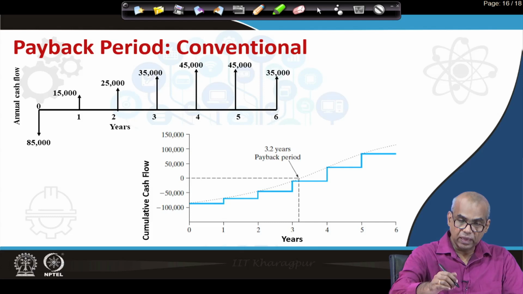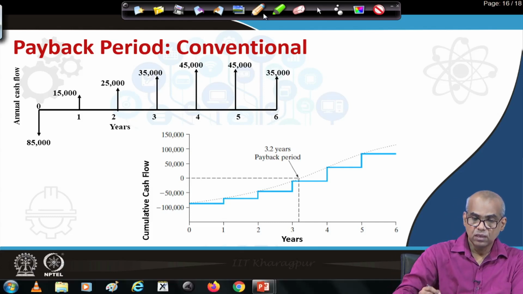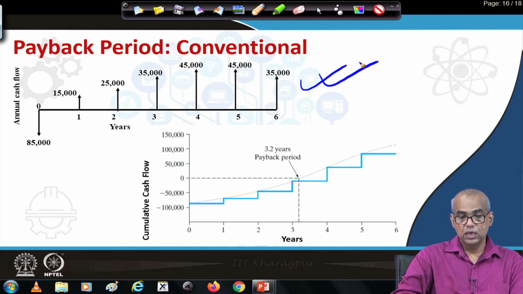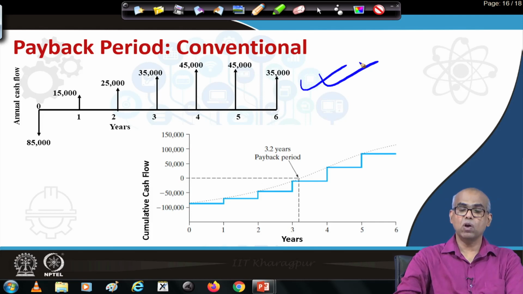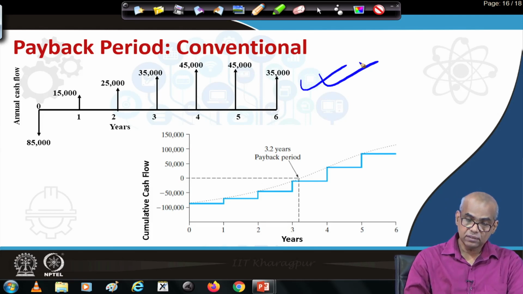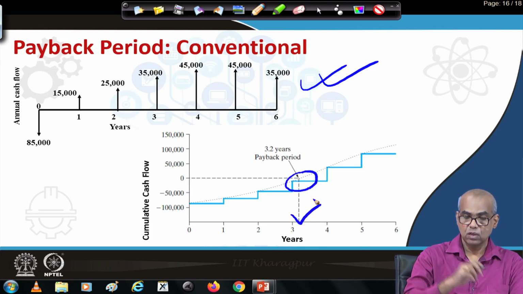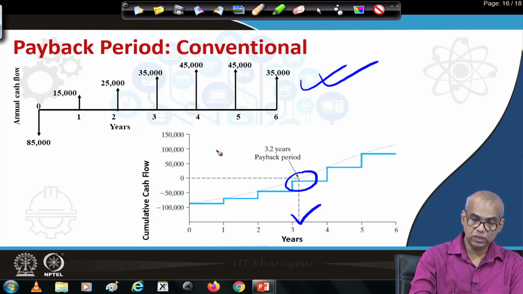Now, you look at this figure. Let us consider this cash flow diagram. Now, for this cash flow, we can find out the payback period by making a plot of cumulative cash flow against years, number of years, and the payback period will be that year where the cumulative cash flow is 0.